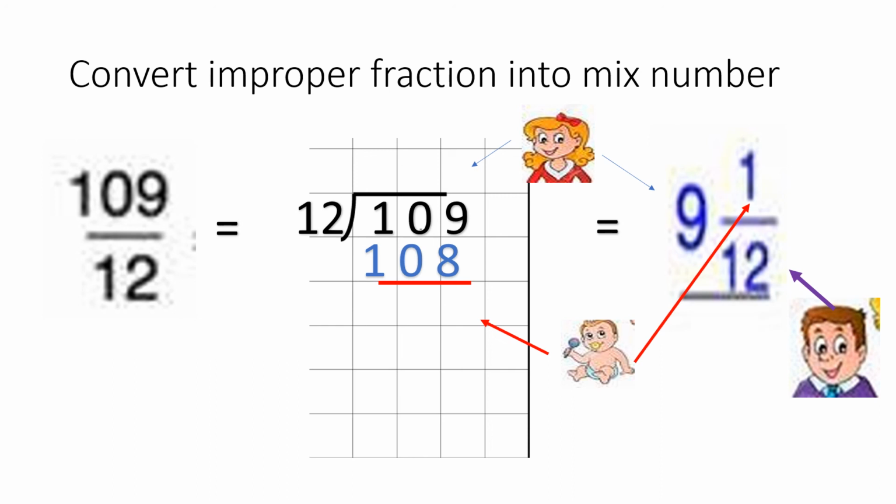Do you have 109 in 12 times table? What's the nearest number that you have? It's 108. So 12 times 9 is 108. 109 minus 108, you get 1. Thus, you get the mixed number 9, 1 over 12.